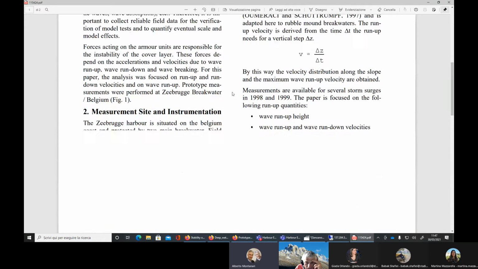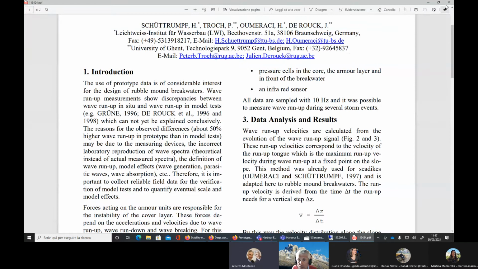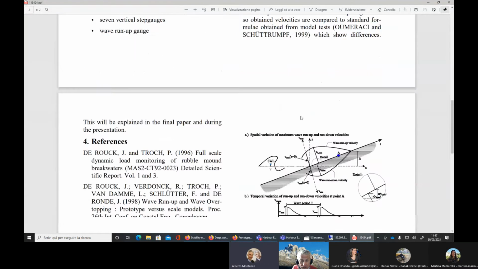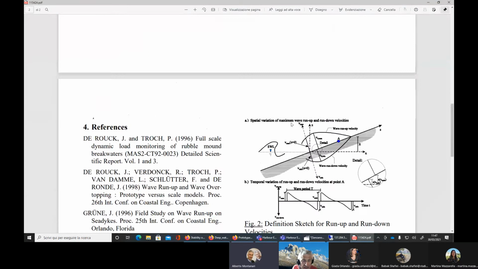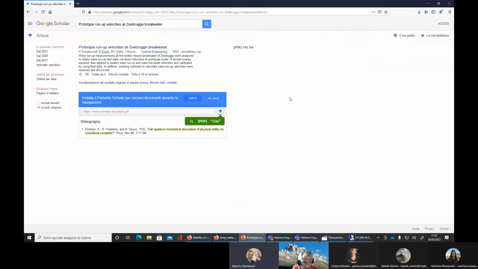Actually, this is not the original paper that I wanted to open. So let me see. This is just a short summary, and the short summary doesn't say much. So let me go back to this paper. And let me see if I have it already, because actually it's not openly available.